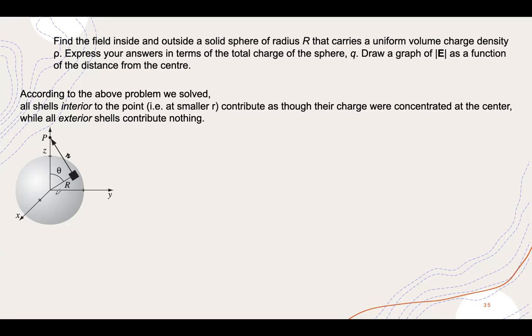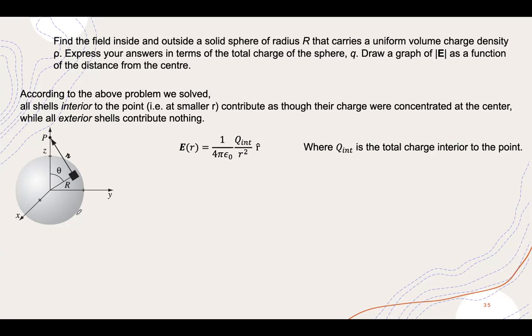Similarly here, we can use the previous problem, saying that this sphere is made of a lot of shells with some radius r, which are going to contribute, and therefore we can integrate over all those expressions which we just got.